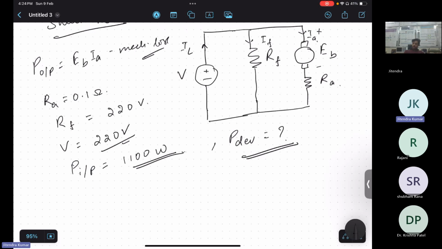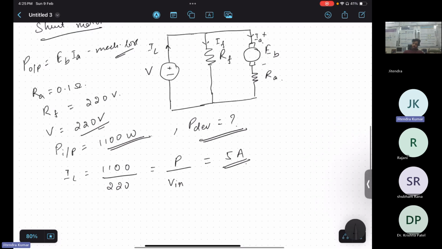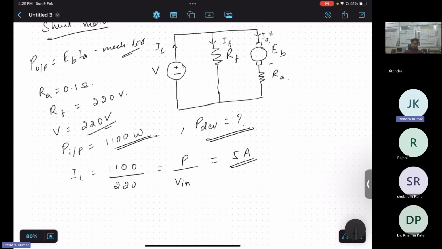So power input is nothing but 1100 watt. IL we can calculate from here, right? IL will be 1100 divided by 220, that is power divided by V in. So it will be 5 amps, isn't it? Now once we have calculated IL, we are given RF, which is 220 ohm.